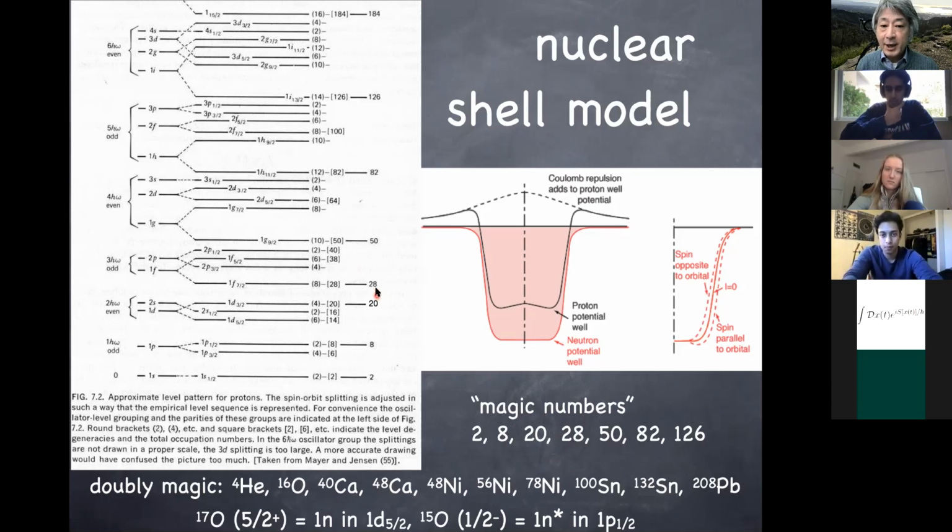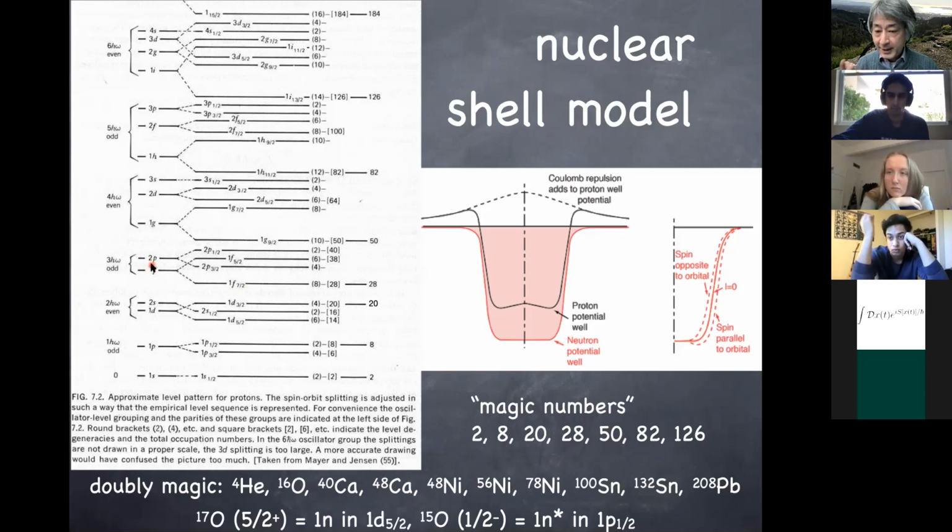But the next one is a little bit weird because this f7/2 state comes down so much. One, due to flattening out the potential at the outer portion of the space. So f has pretty big angular momentum, 3, so it comes down quite a bit. In addition, spin-orbit coupling is also pretty large, so that comes down even further. So that ends up developing a gap between this f7/2 state and the rest of its partners in this third excited state of the harmonic oscillator.